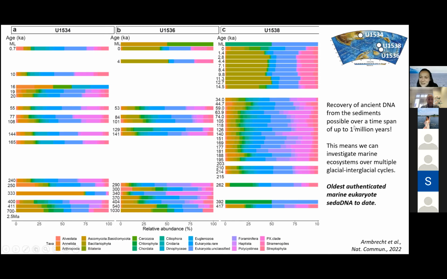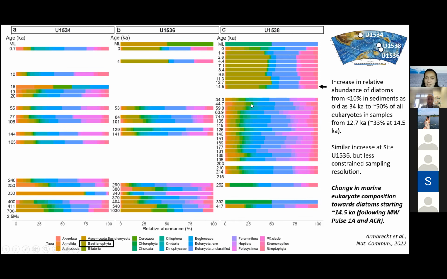And what we've got here also is that we found a transition to higher marine abundances of diatoms about 14,500 years ago. You can see this olive color here showing less than 10% of diatoms were part of the marine community before that time. And then suddenly there's this huge increase to more than 50%.